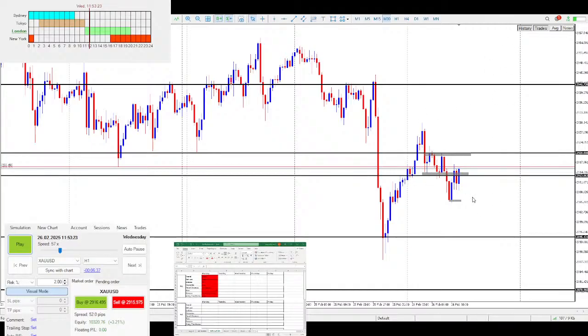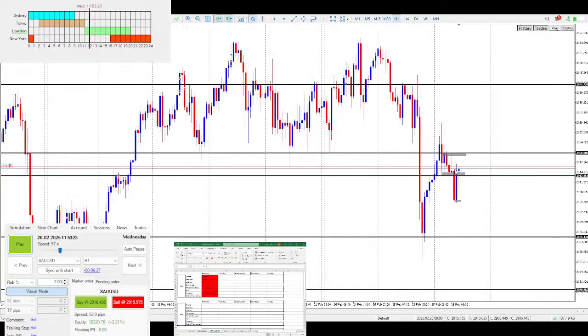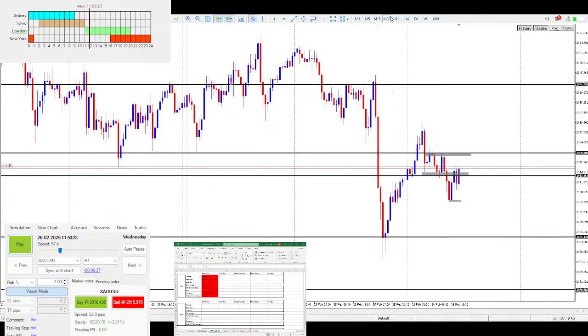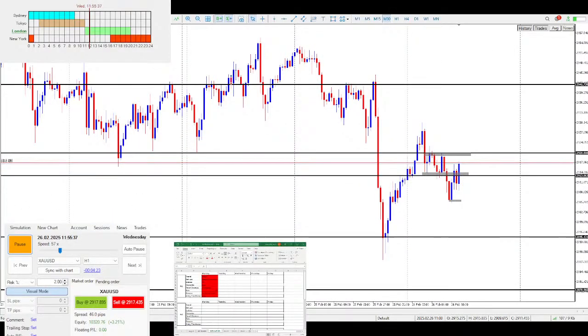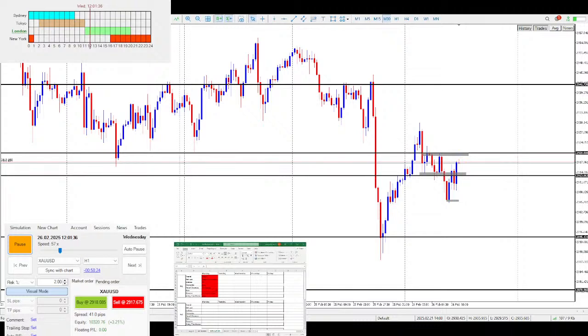Yeah, because you can see that this was a fake out trade. We are at 53 minutes. I could have taken buys here for continuation of the trend.